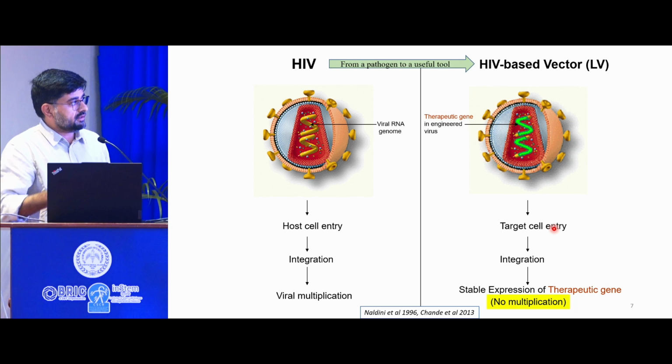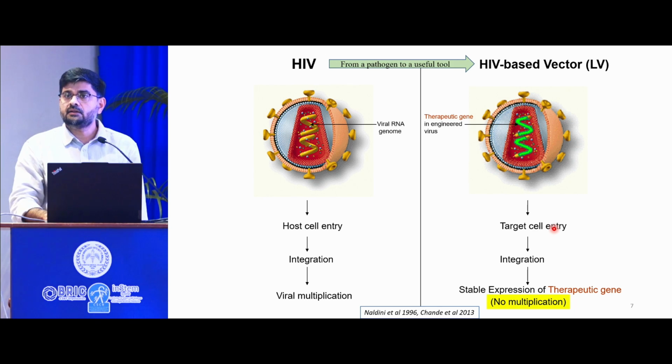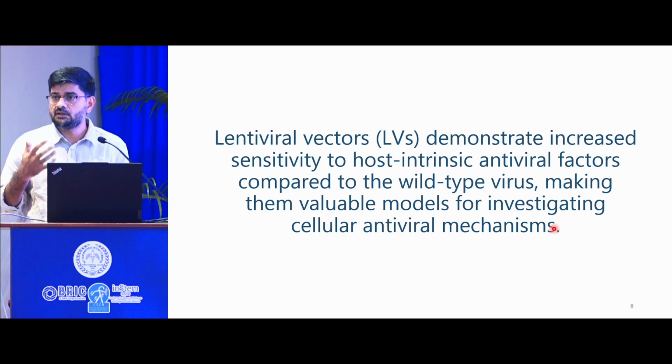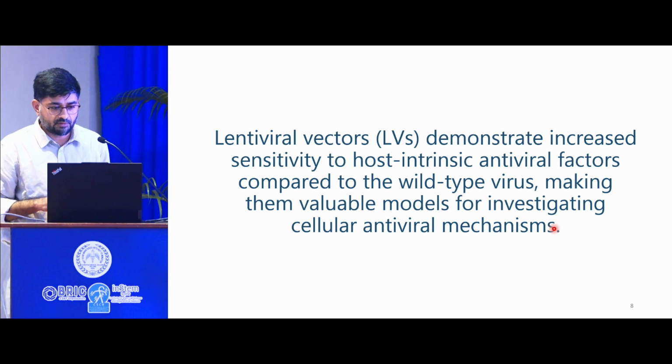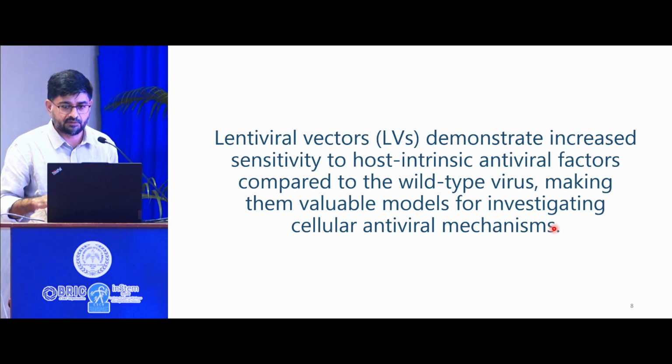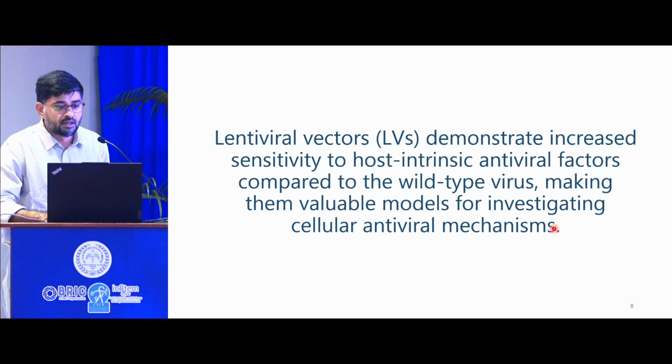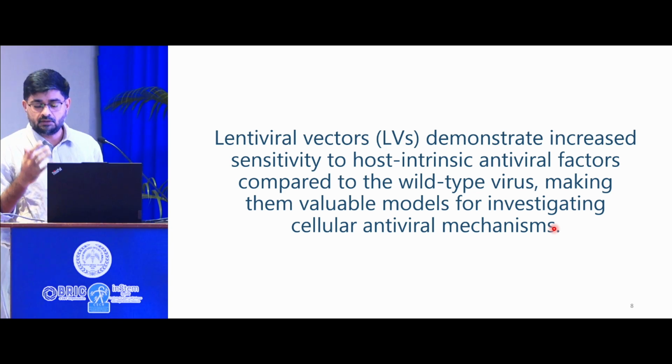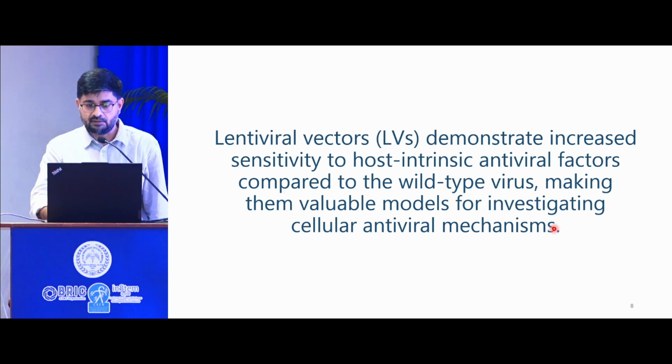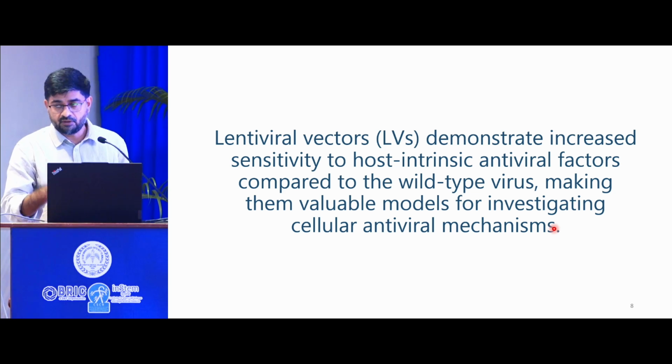So, having said that, these vectors will therefore be vulnerable to the antiviral factors that are present in the target cells, usually immune cells that are the targets for cell and gene therapy. So it makes a beautiful model to study what are the antiviral factors and mechanisms that exist in these cell types, because they demonstrate increased sensitivity to the antiviral mechanisms that otherwise exist.